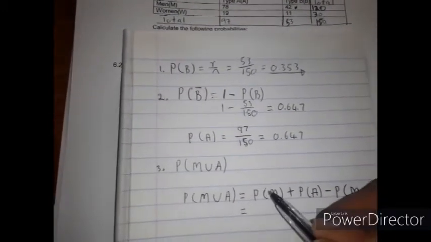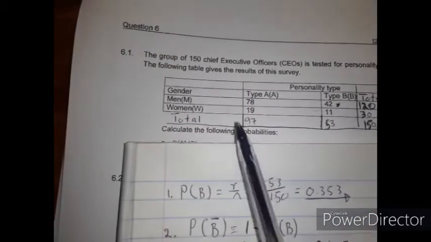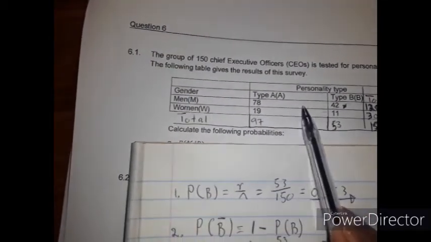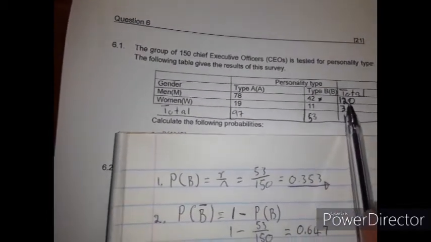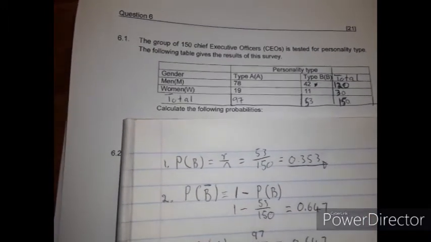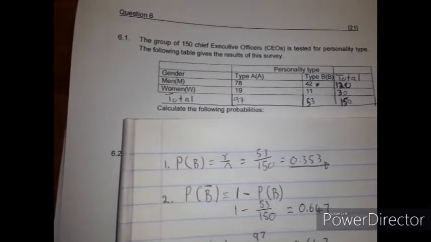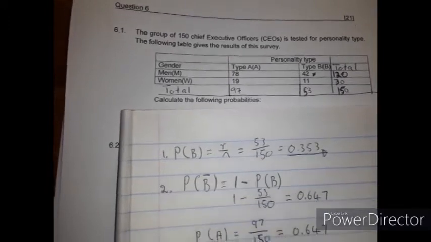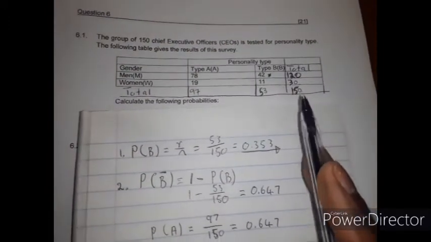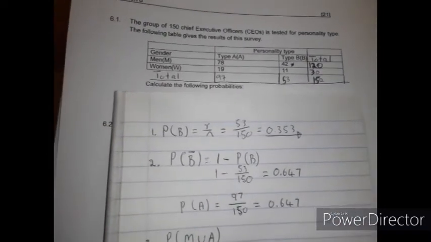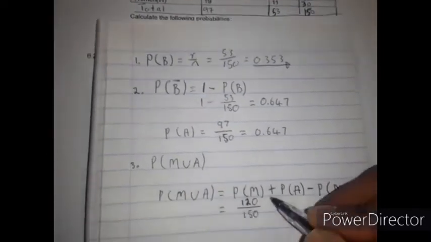Now let us substitute the probability of males. The males are 120, divided by all the possible outcomes, the total possible outcomes, which is 150.